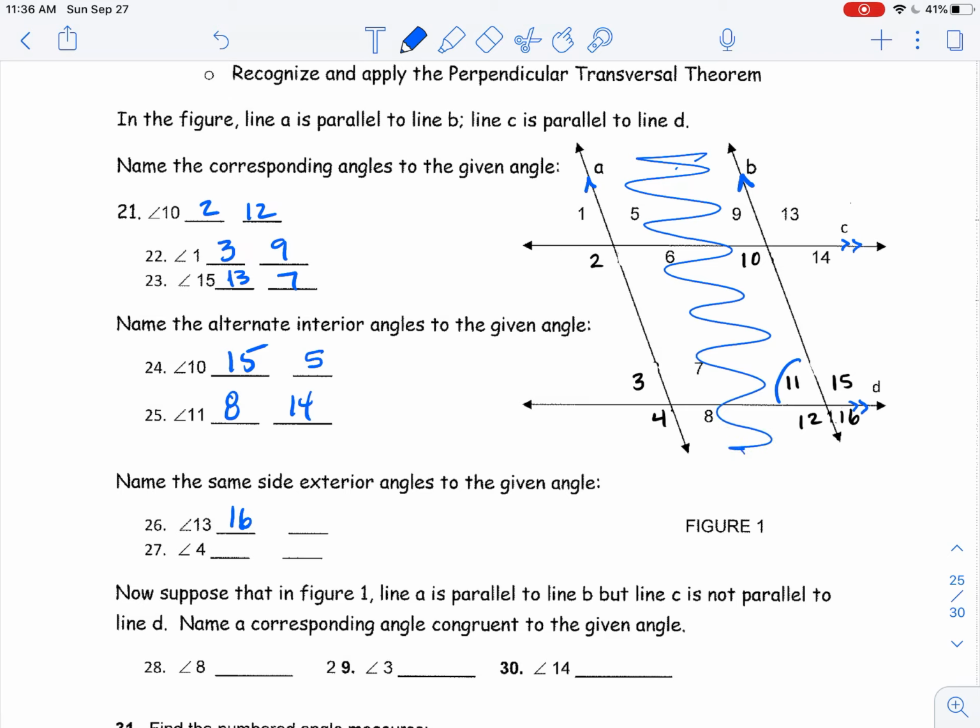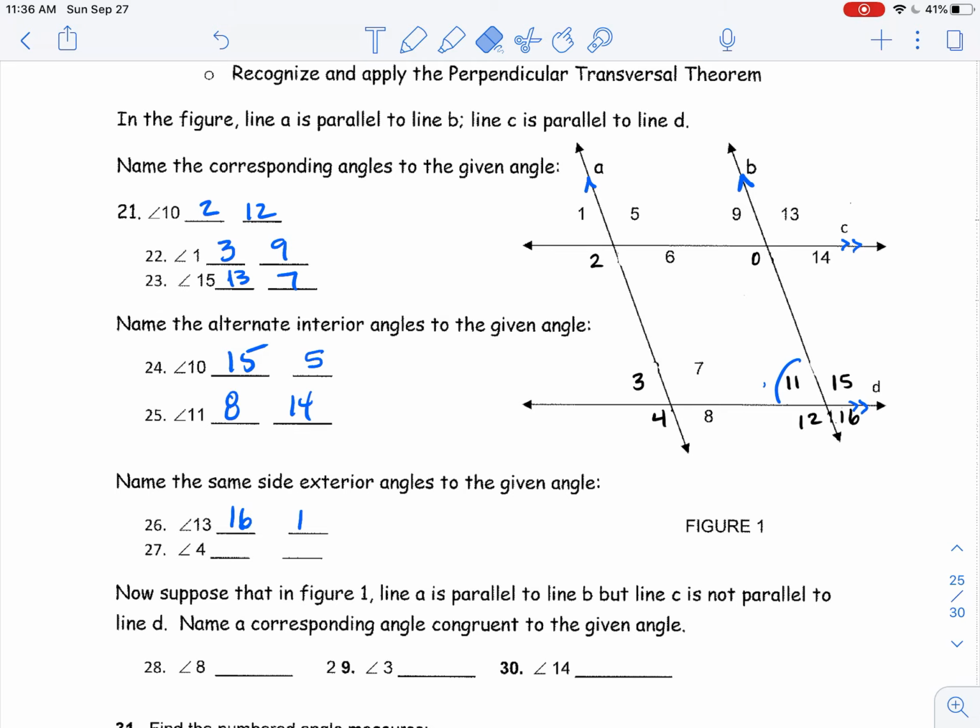Now if I wanted to use this as my interior region and the transversal line C, then the same side of this transversal would be angle 1. So it depends on where you're looking. All right, let me get rid of this.